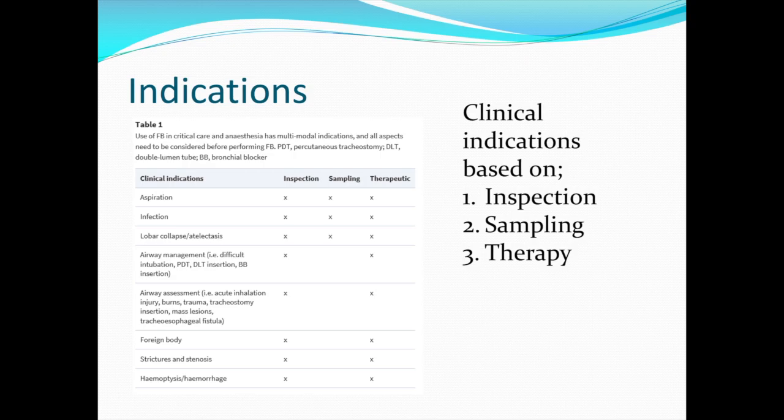Bronchoalveolar lavage can be used as an alternative to bronchoscopy in this circumstance to collect some samples for microbiological analysis, and as it's less invasive, should be used first before bronchoscopy is considered.